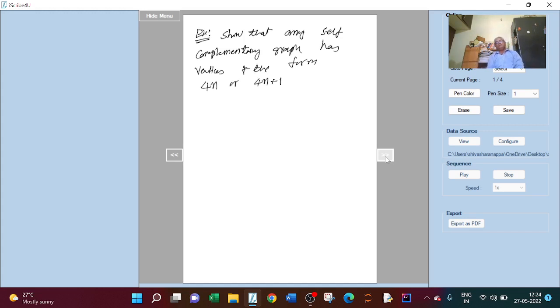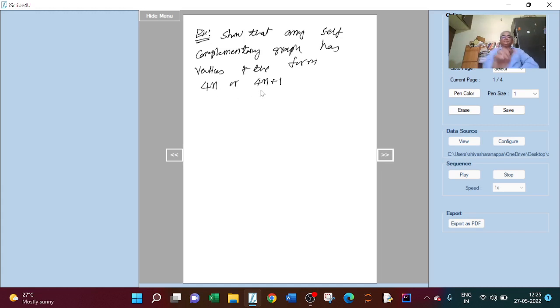So suppose G is a self-complementary graph, that is G is isomorphic to G bar. Then the number of vertices is of this form, that is a multiple of 4 or a multiple of 4 plus 1. So that means if G is a self-complementary graph, then the number of vertices is equal to 4 or 5 or 8 or 9 or 12 or 13, like this.